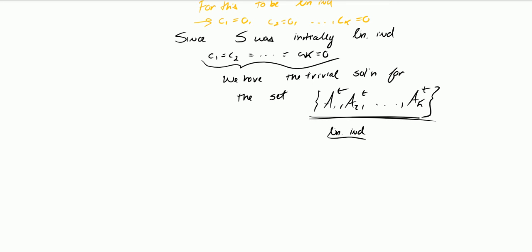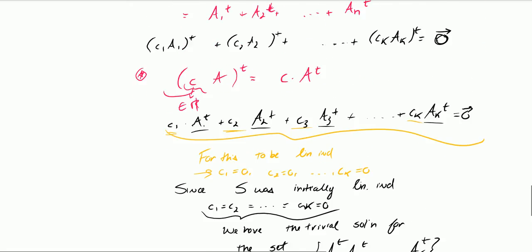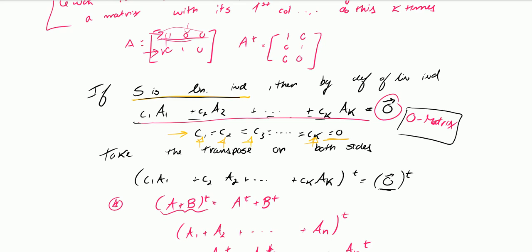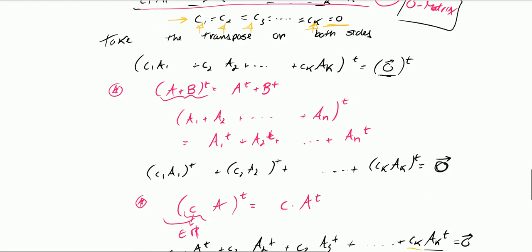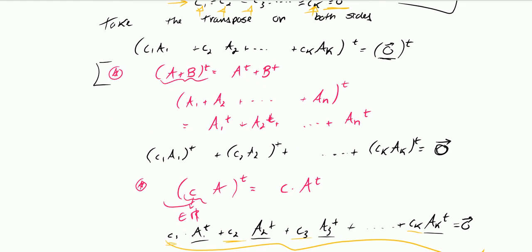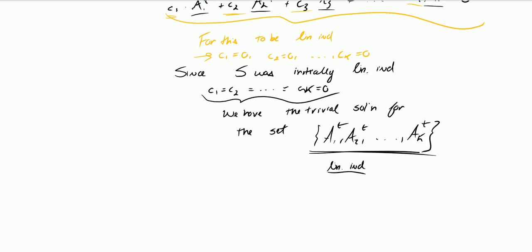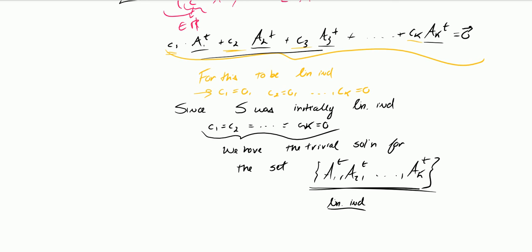So we've shown that this set is linearly independent since initially S is linearly independent, and using this property and that property of transposes, we conclude that for this equation, we get the trivial solution.